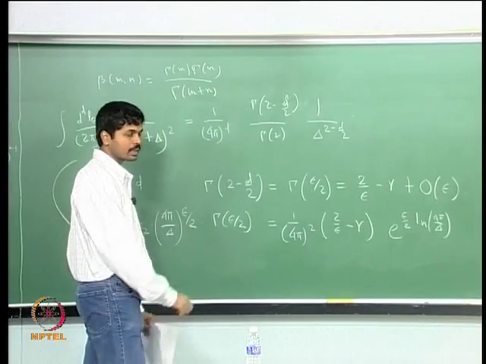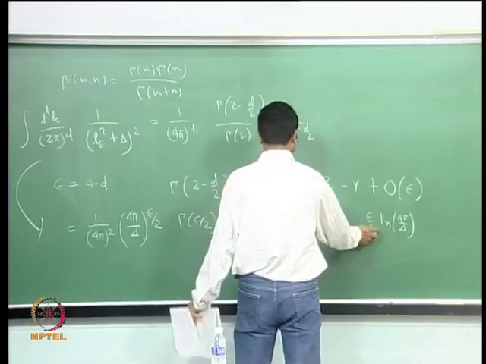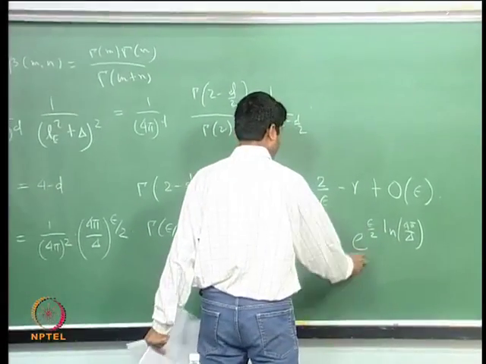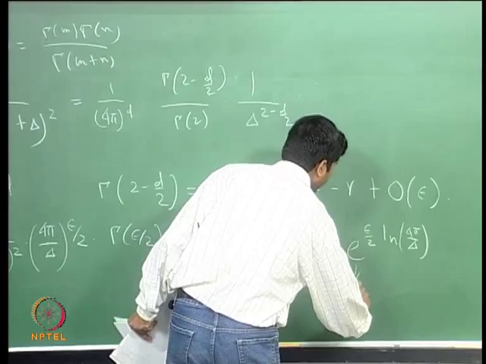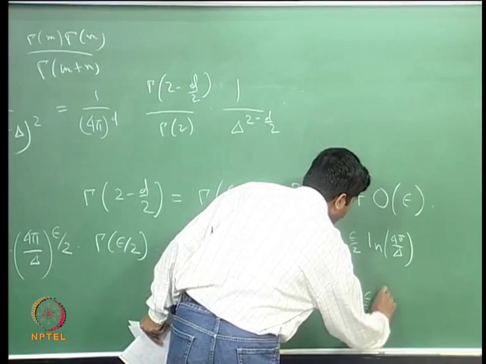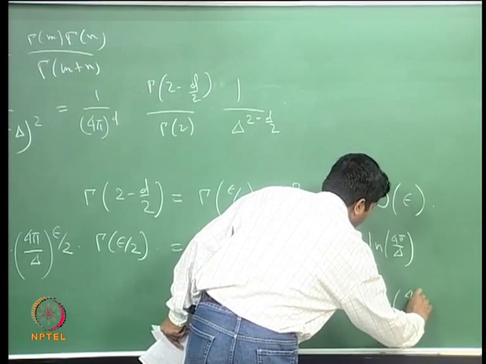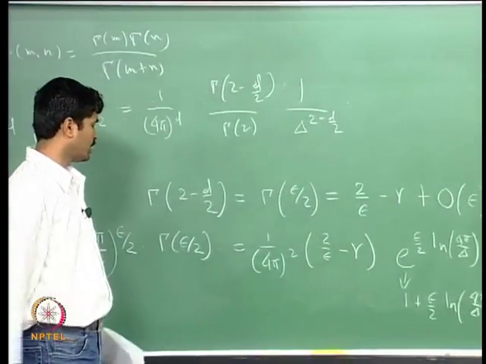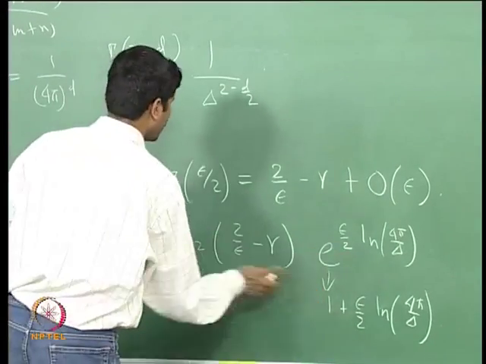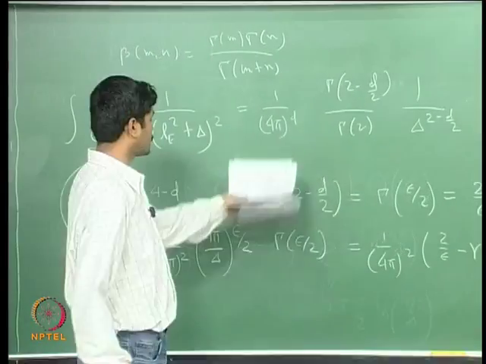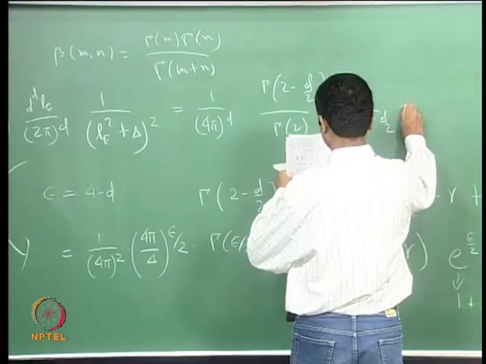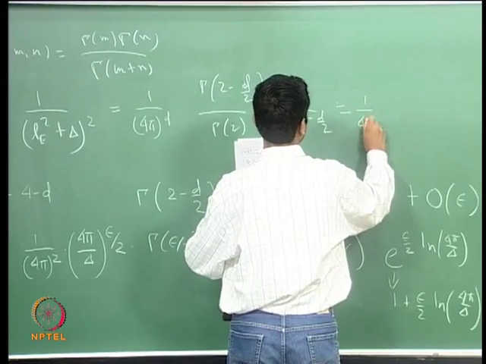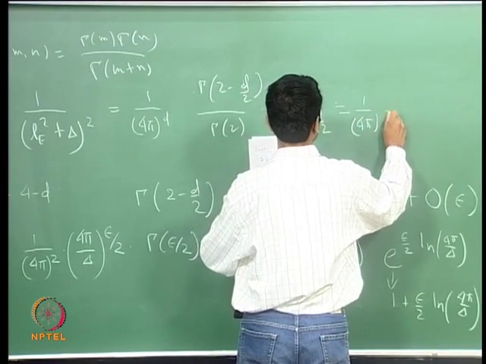And for small epsilon, I can just keep terms up to order epsilon, and this simply becomes 1 plus epsilon by 2 log 4 pi over delta. So, when I substitute that here, this term simply gives me 1 over 4 pi square.